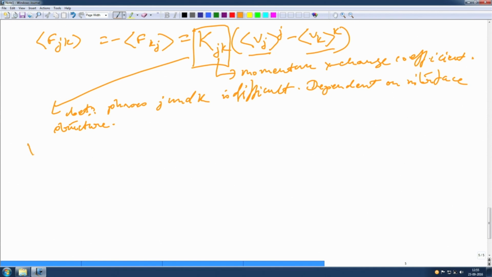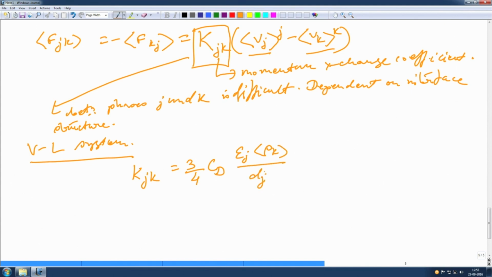If we, for example, have a vapor and a liquid system, like vapor bubbles or liquid droplets, whatever it is, the Kjk is given by 3/4 CD Ej rho k dj Vj minus Vk.